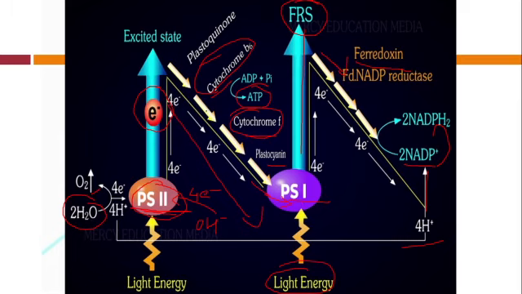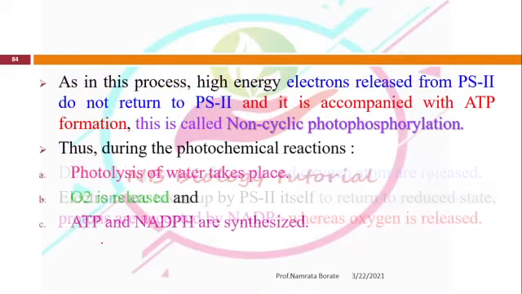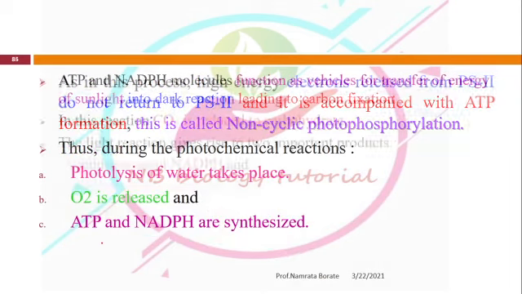The third point is the synthesis of ATP and NADPH2, and the last point is the photolysis of water and the release of the oxygen molecule. These are 4 important events which take place in non-cyclic photophosphorylation.